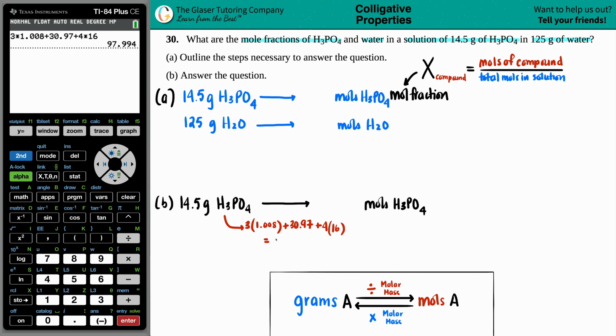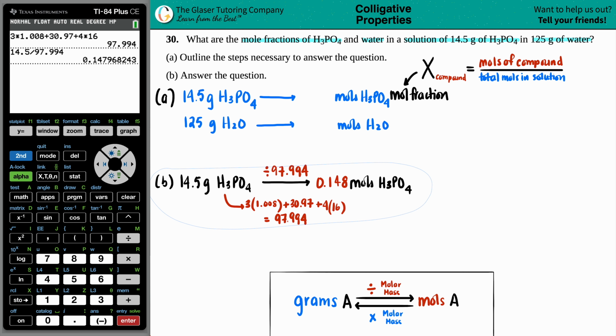And we get a molar mass of 97.994. So all I'm going to do is take those grams and divide it by 97.994. So 14.5 divided by that number. And there we go. So I'm going to say that this is roughly 0.148 moles of H3PO4.